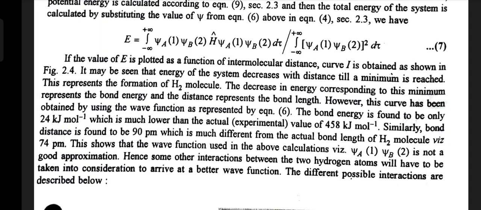This shows that the wave function used in the above calculation, psi A1 psi B2, is not a good approximation. Hence, some other interaction between the two hydrogen atoms will have to be taken into consideration to arrive at a better wave function. The different possible interactions are described below.